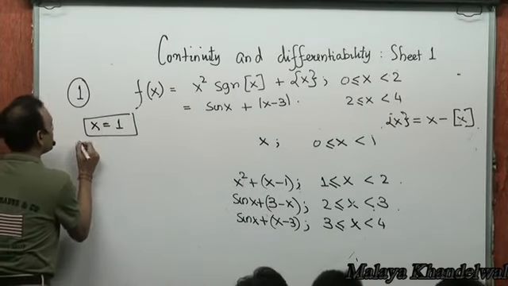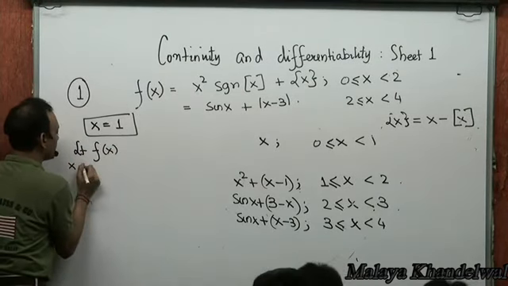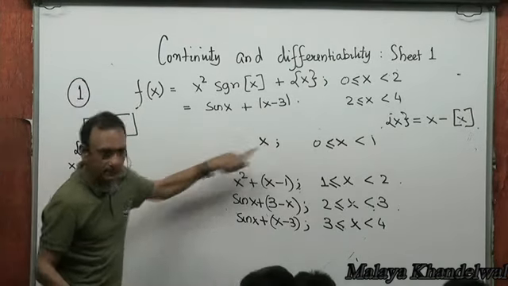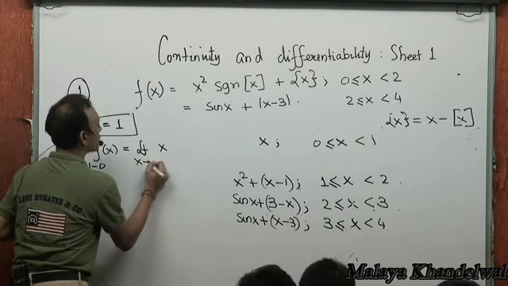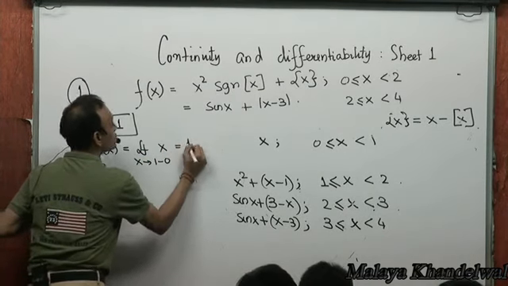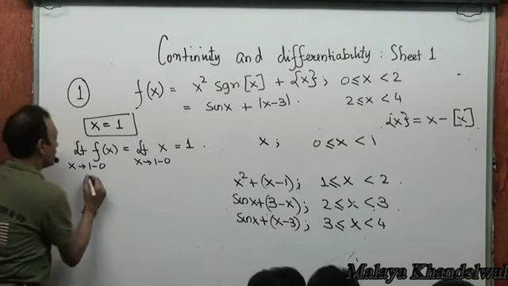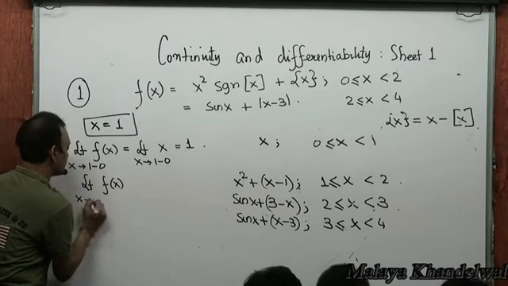So if I have to find the limit of f(x) as x tends to 1 from the less than 1 side, to the left of 1, the description of f(x) is x, right? So this is 1. The left hand limit at 1 is 1, right? Now the limit of f(x) as x tends to 1 from the greater than 1 side.